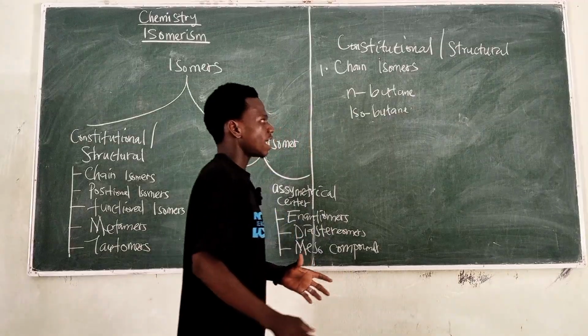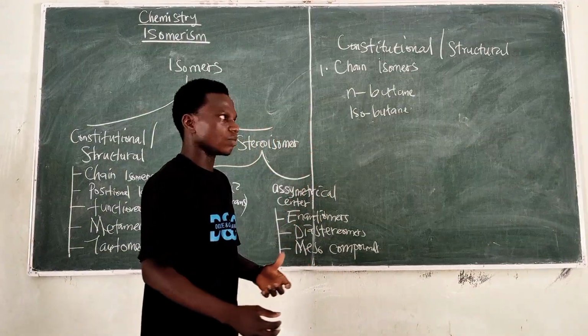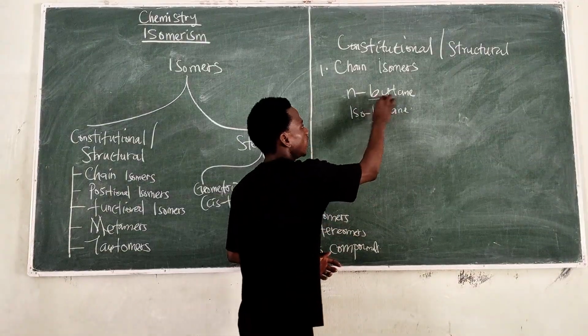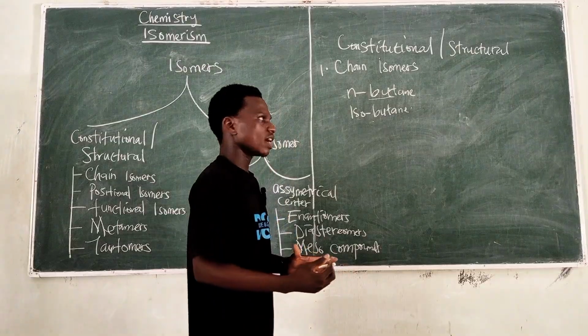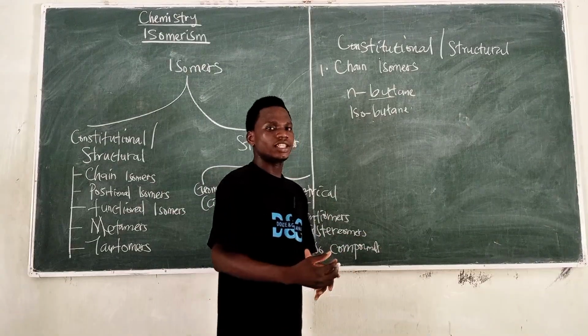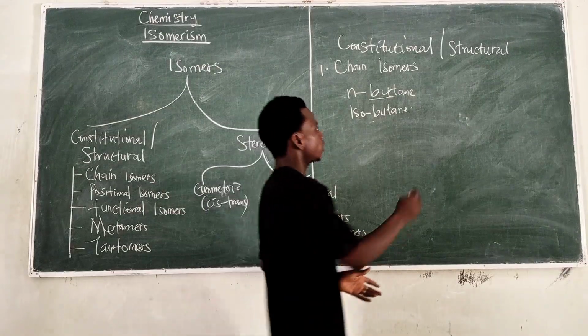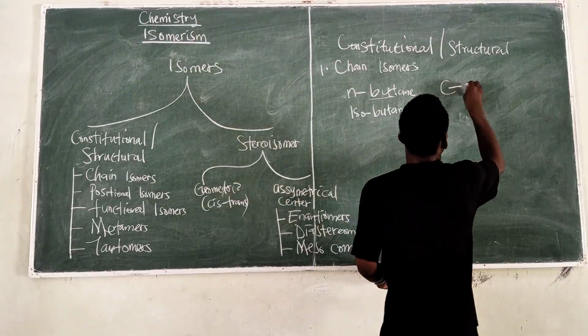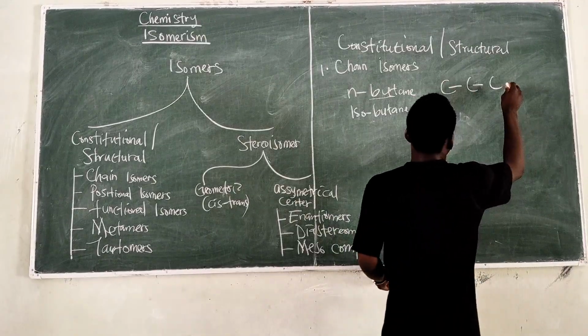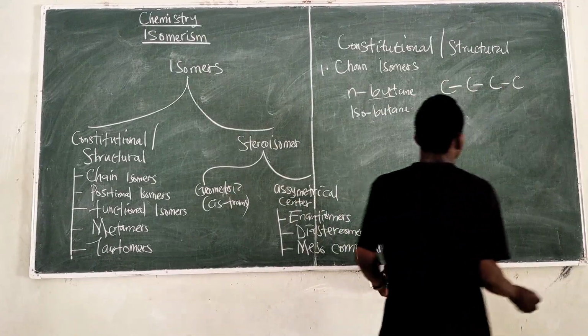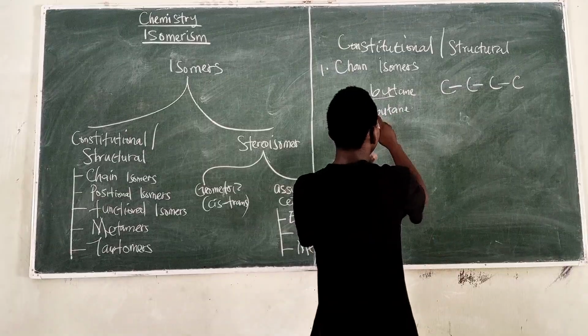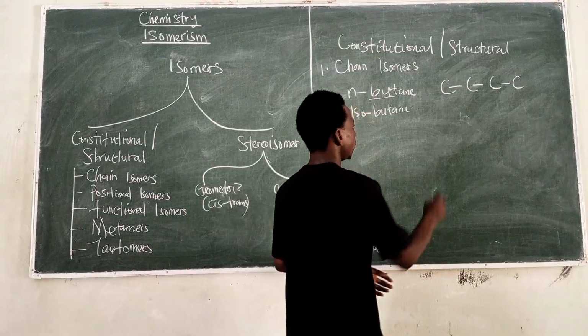So now let's look at the structures of these two compounds. We know that but indicates 4 carbon atoms, and then ane indicating the alkane family. So we have carbon-carbon bonding to each other with a single bond. So this is n-butane.